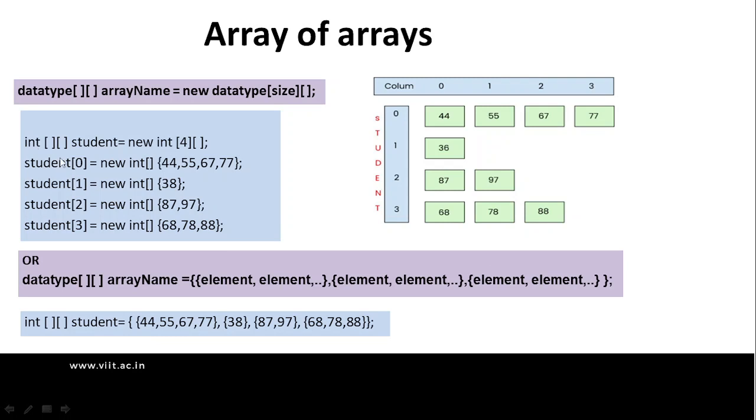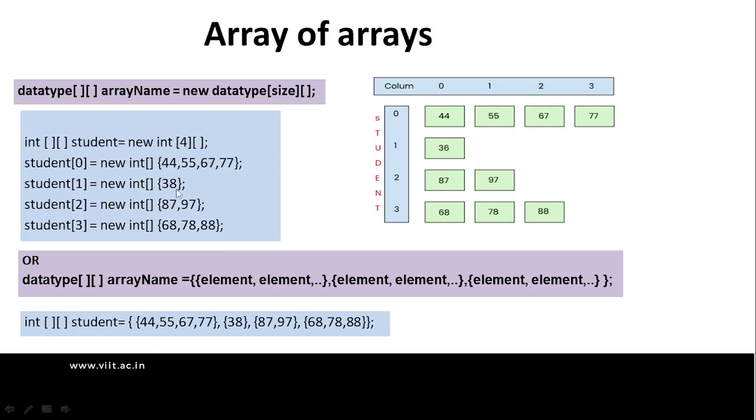For example, int[][] student equal to new int[4][], so that for 4 students the locations 0, 1, 2, 3 will be available. These are indices, and to every location you can assign a statement like equal to new int[] with elements, for example 44, 55, 66, 77.